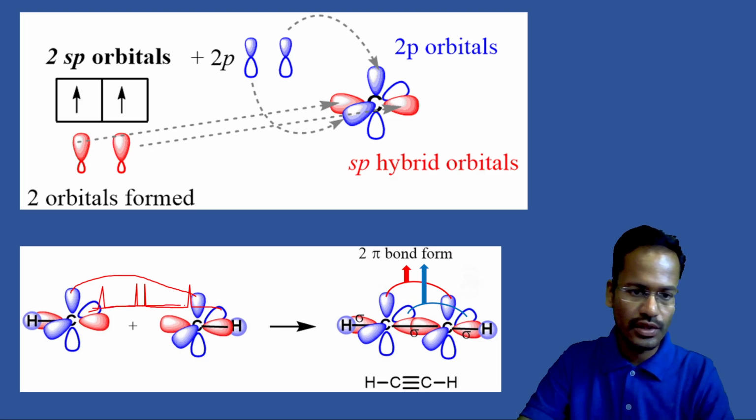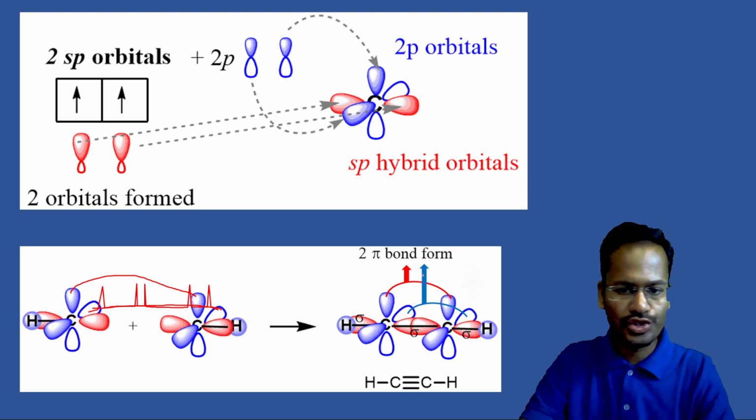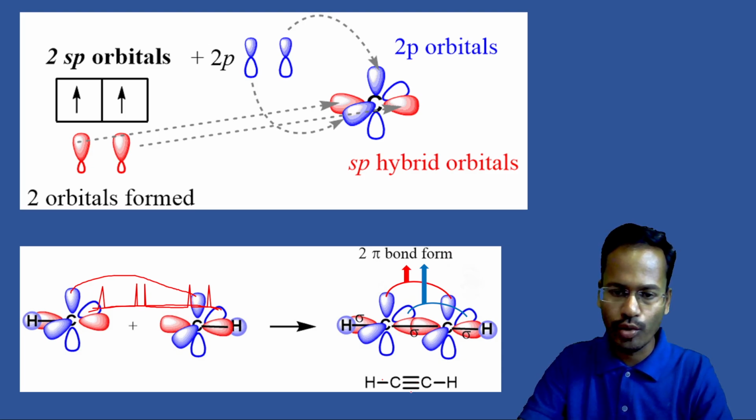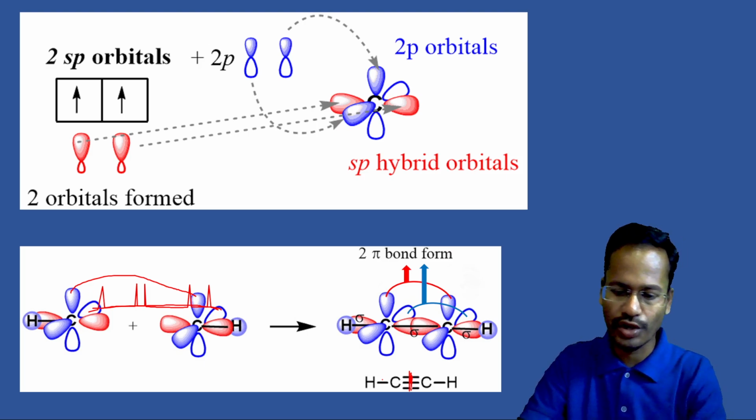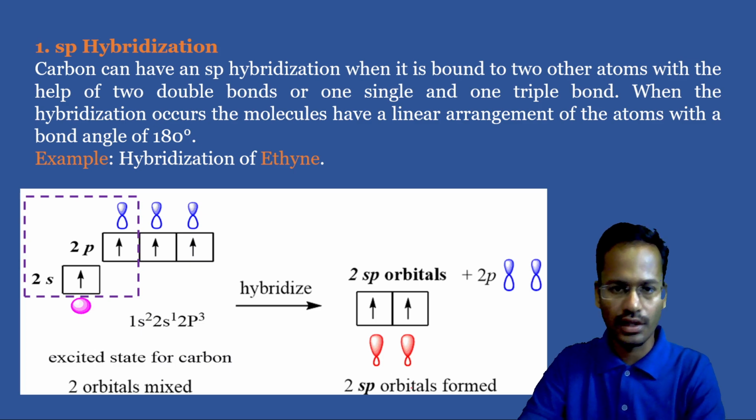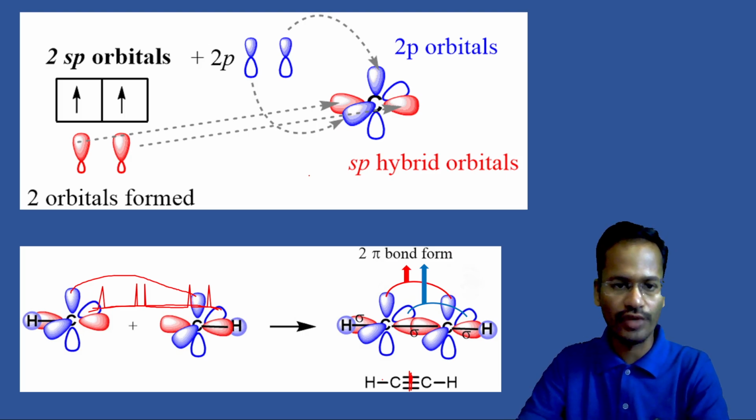So two such pi bonds were formed, and you can see that here there is one sigma bond and two pi bonds. Totally three bonds are there between carbon and carbon, and that is called ethyne. That's what we have shown in our previous slide. That is, ethyne is going to be the best example for sp hybridization, and that's what we have seen here.